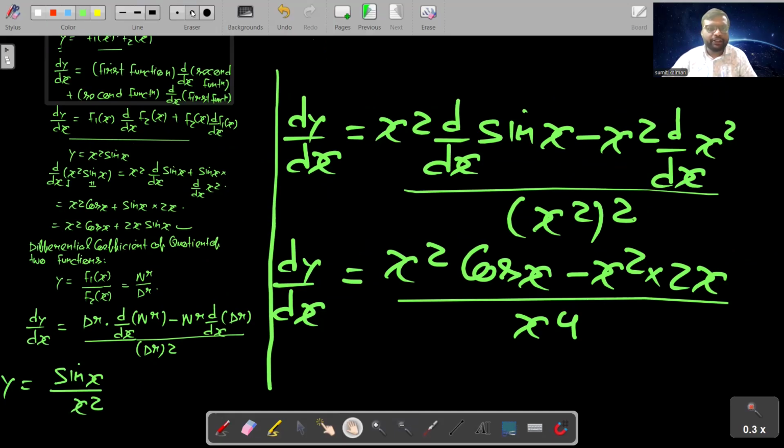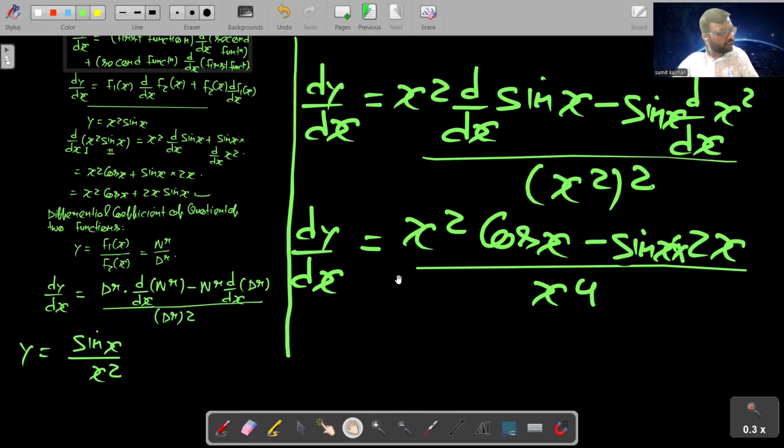So here in the first term, in place of x square, it will be sin x, minus sin x, into 2x. Now next.